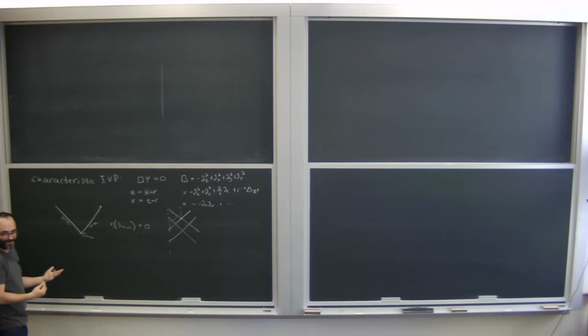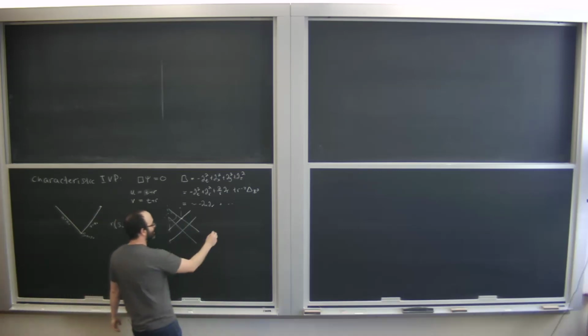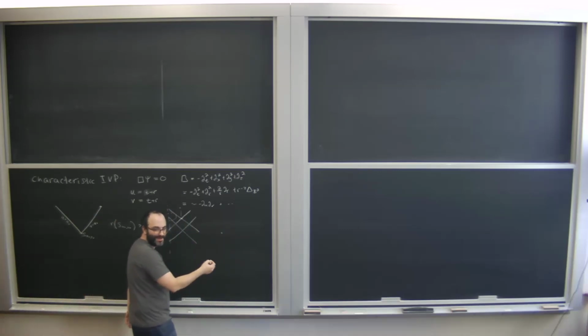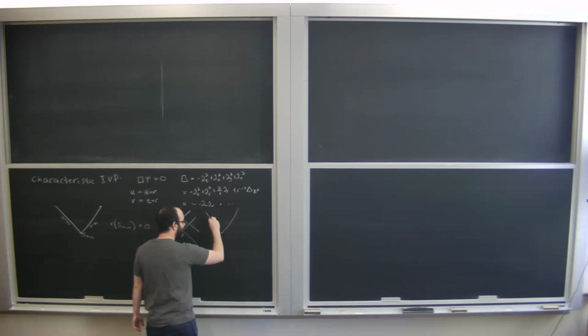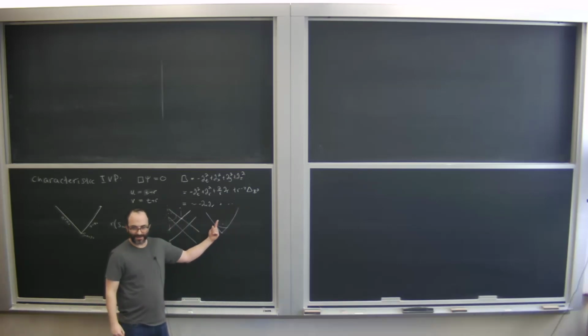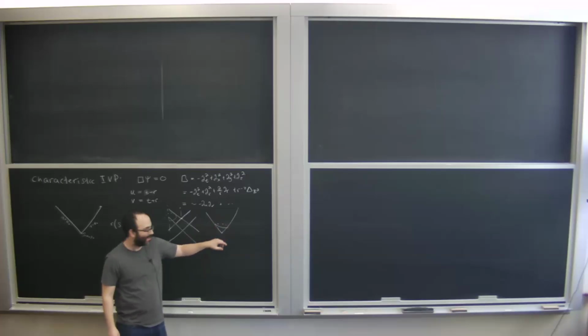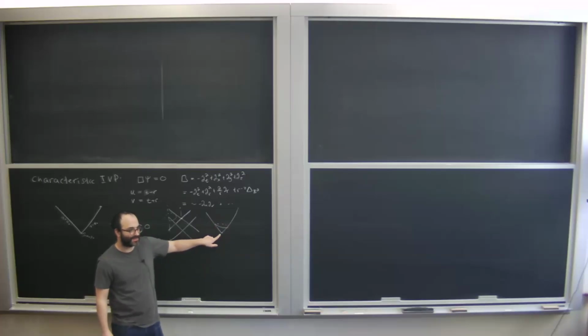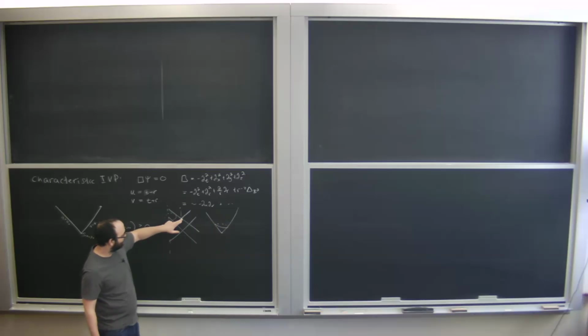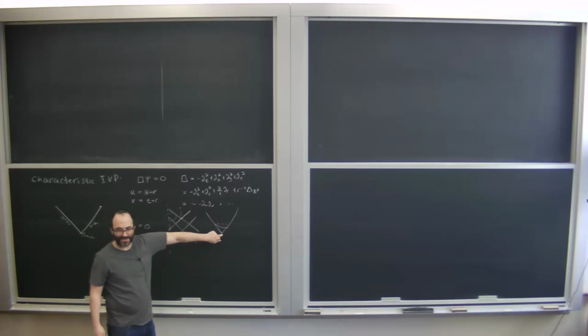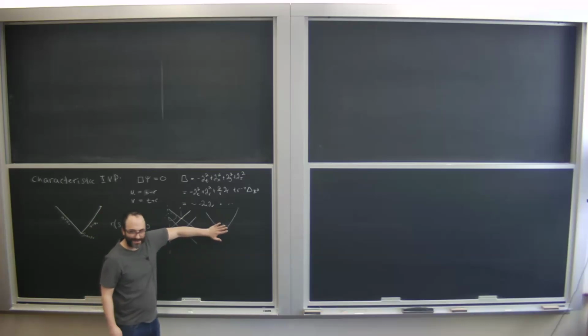There's another natural characteristic initial value problem you could try to study, which would be to start at a point and look at the future cone coming from that point, and put data there and solve. I'm not going to discuss that at all here. This one is a much more singular thing. Here the things intersect in something of codimension 1, the natural thing, but there it's a further degeneration, and so it's more complicated. But I'm not going to discuss that.